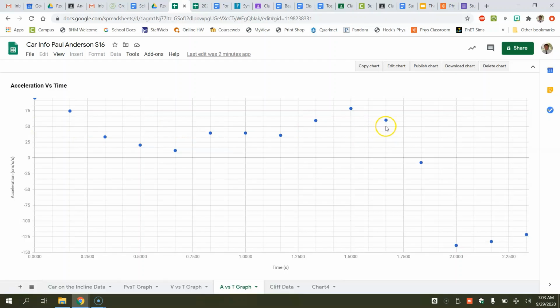If I look at these data points, I've got 1, 2, 3 that are above the 50 line, 1, 2, 3 that are below the 50 line. I've got these 3 below, but then 2 more that are above. So if I generally look at what I see, it's pretty close to that 50 mark up into this point right about here. That's what I would say is my constant acceleration down the ramp.